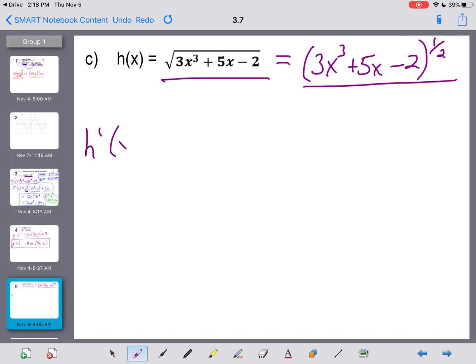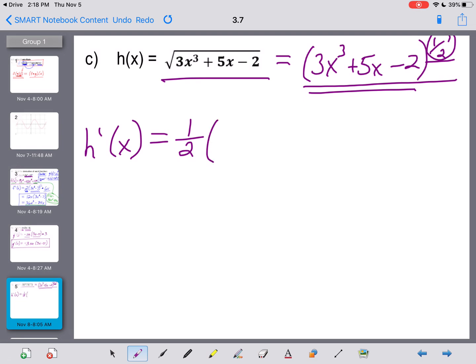H prime of x then. We start off by taking the derivative of the outer part of the function. And the last thing happening in this function is the 1/2 power. So how do we take the derivative of something to the 1/2 power? We go ahead and we apply the power rule. We bring the exponent out in front, or the old exponent I should say, to become a coefficient. So it's 1/2.